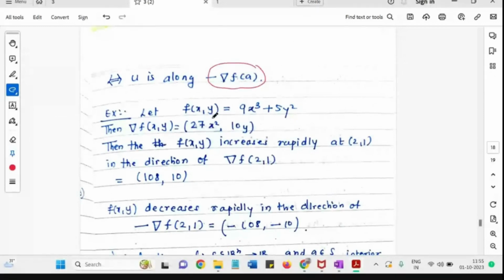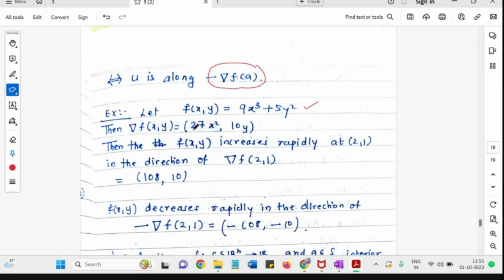So I have a function f given by 9x³ + 5y². You can calculate the gradient. The first term is the derivative of f with respect to x. So the derivative of 9x³ with respect to x is 27x². Okay, and the derivative of f with respect to y is simply the derivative of 5y² with respect to y, that is 10y. Okay, so the function increases rapidly at (2, 1) in the direction of the gradient of f at (2, 1).